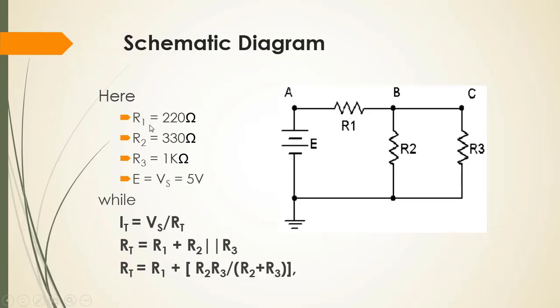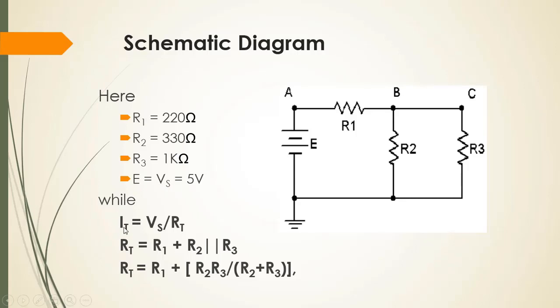The values of these resistances are such that R1 is equal to 220 ohms, R2 is equal to 330 ohms, while R3 is equal to 1 kilo ohm. We have used a DC power supply named E, which we also represent by Vs, meaning supply voltage, and that is equal to 5 volt.